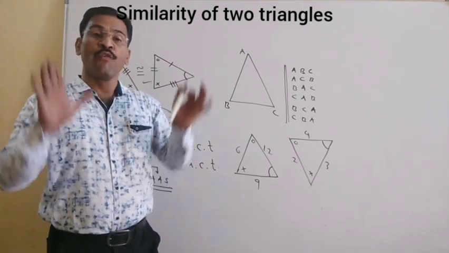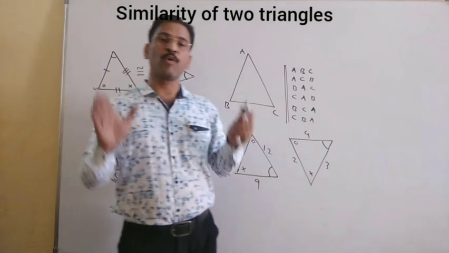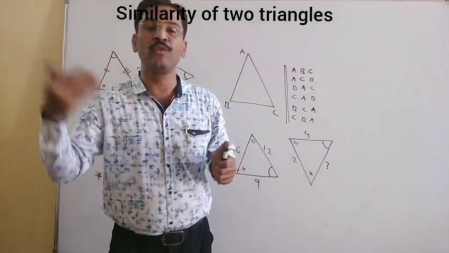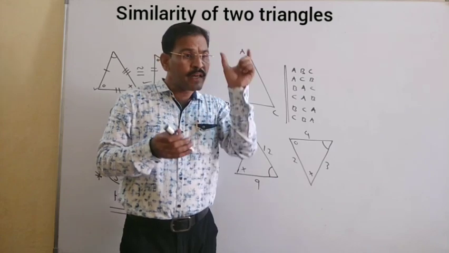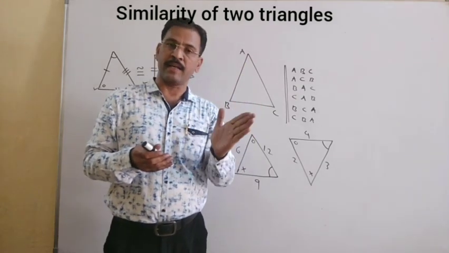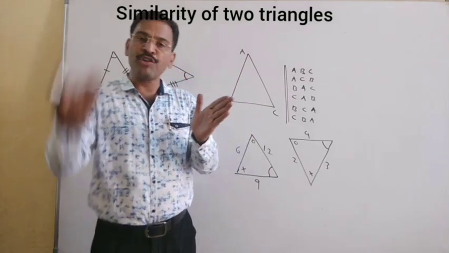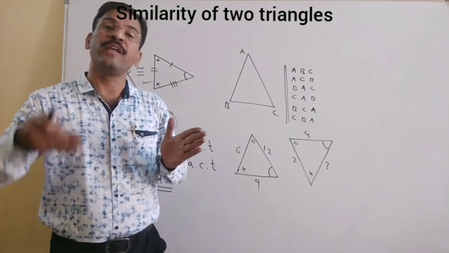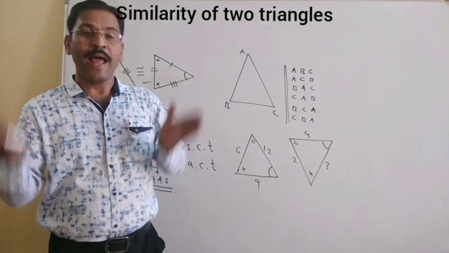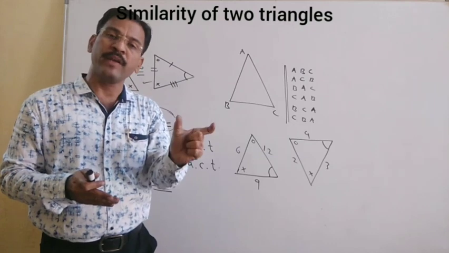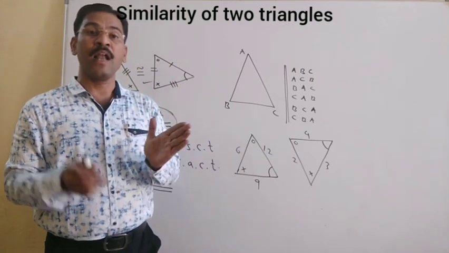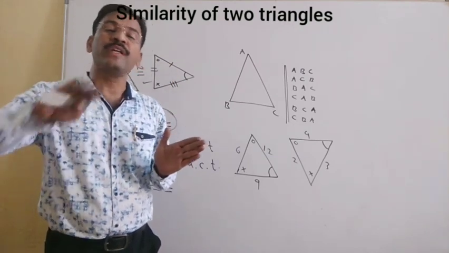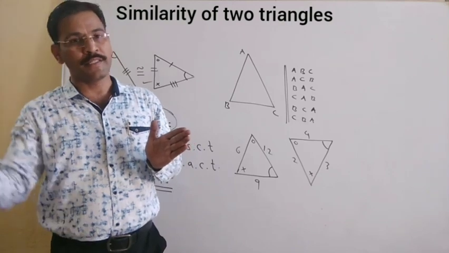First of all, for a given one-to-one correspondence between the vertices of two triangles, three corresponding sides of the first triangle are in proportion with three corresponding sides of the other triangle, and three corresponding angles of the first triangle are congruent to three corresponding angles of the other triangle.